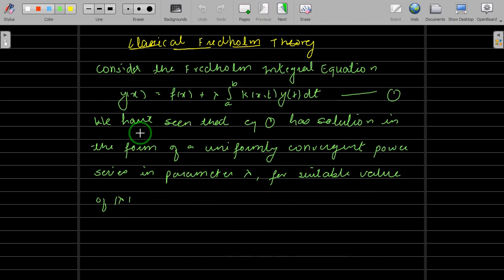So briefly to say, we have seen the classical Fredholm theory.